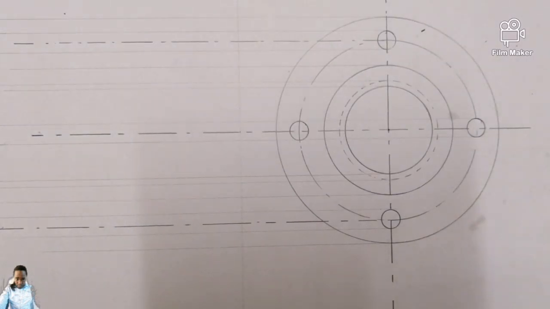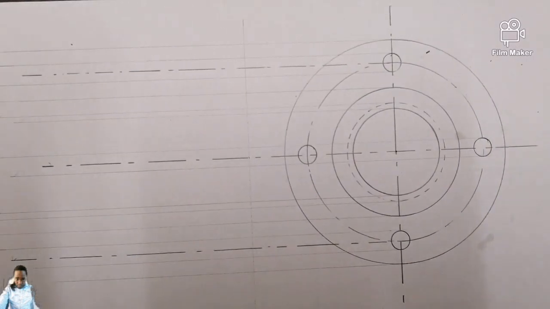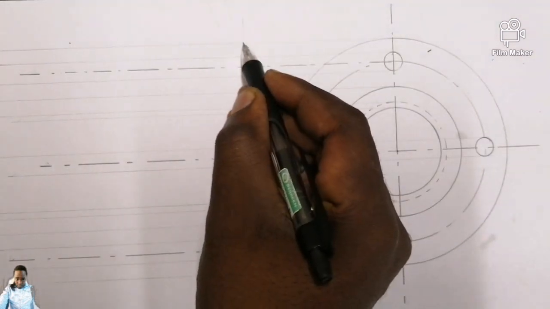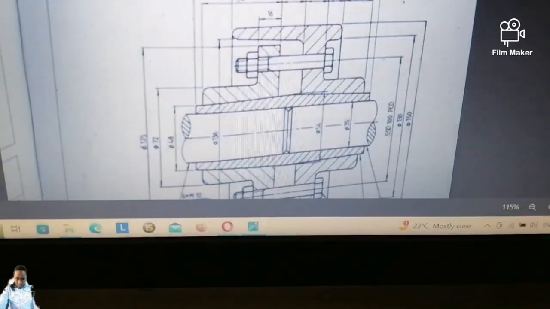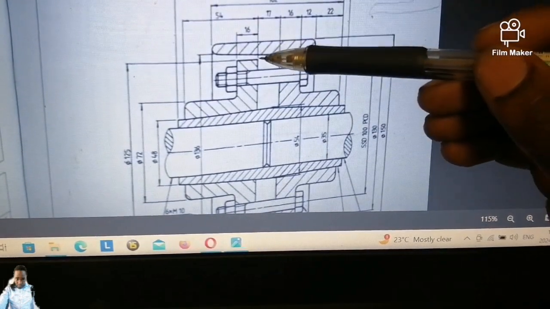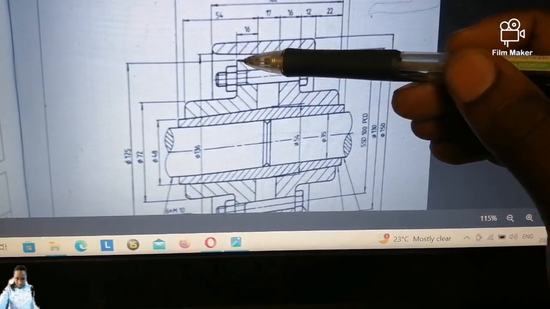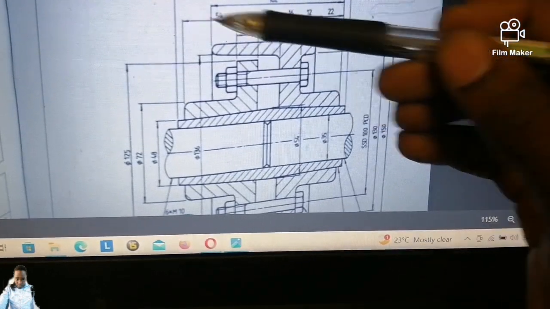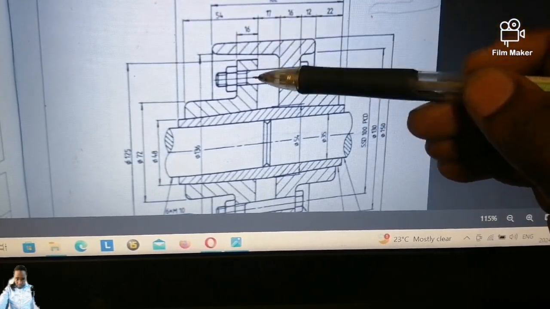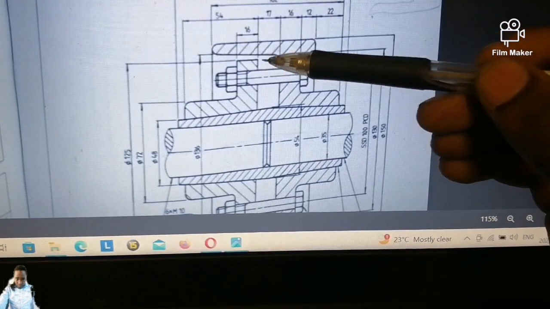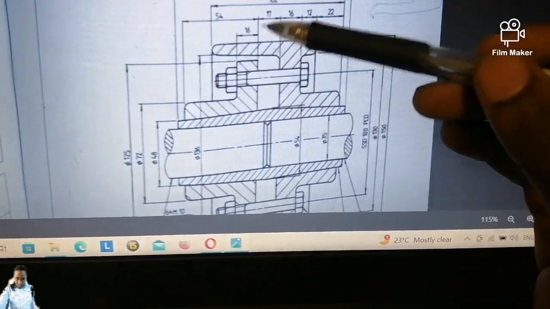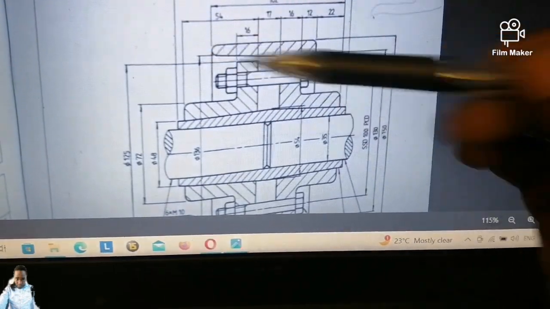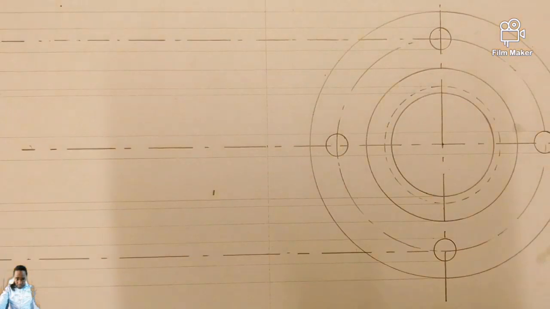Right. Then from this line here, going this side, I can now begin to measure the dimensions of the front view. The very first dimension that we see, we measure from here till here 16 millimeter, whereas from here till here 54 millimeter, you understand. So it's up to us whether we start with this 16 millimeter or with this one, because from here till there they've told us it's 54 millimeter.